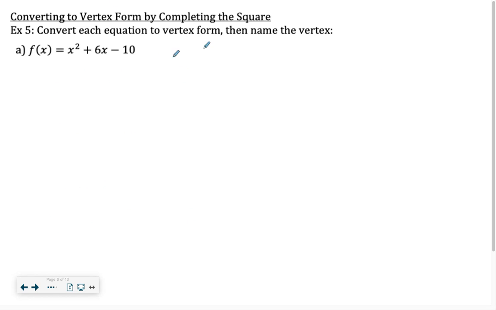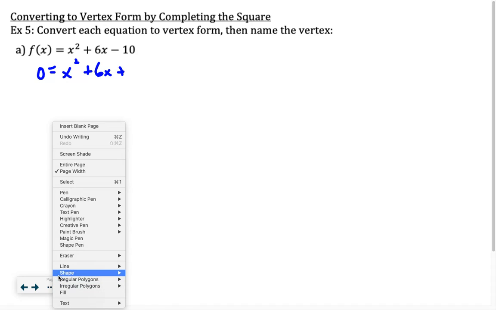So let's now take a look at converting from standard form to vertex form. What we're going to use to do that is completing the square. To complete the square, what we want to do is think about this as 0 equals x squared plus 6x, not plus 10, minus 10.